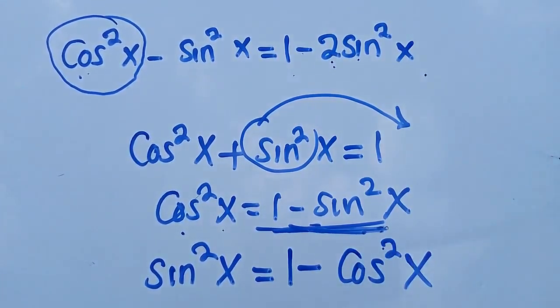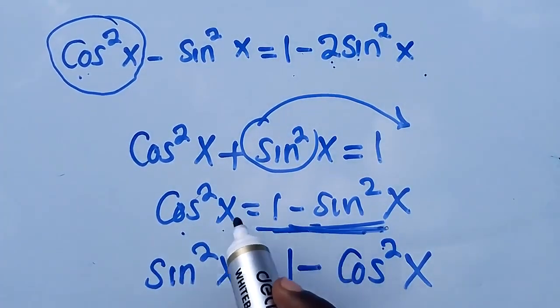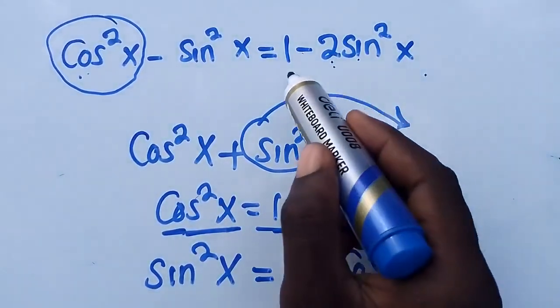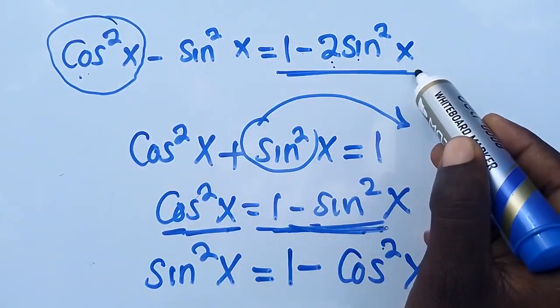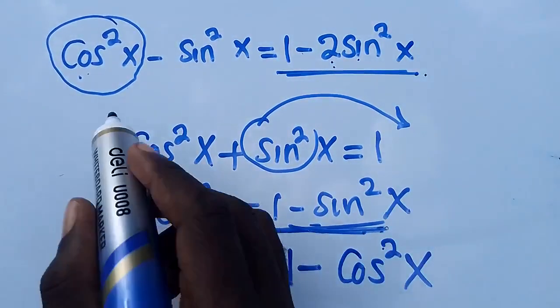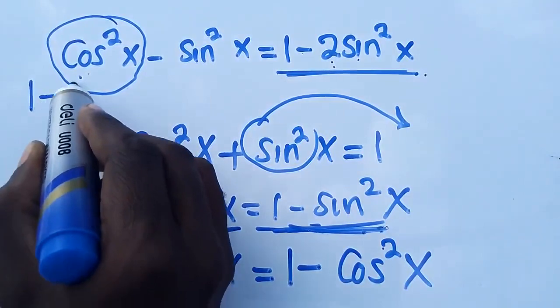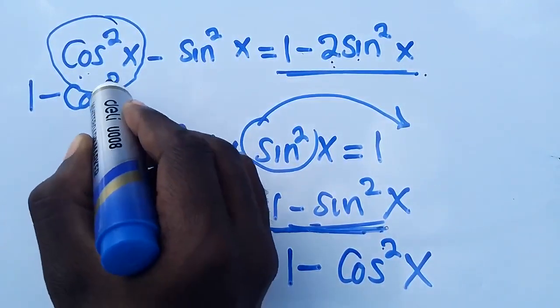These are two important identities that you are supposed to know. So be mindful of the answer that is here. Here I'm going to put 1 minus cos squared x.